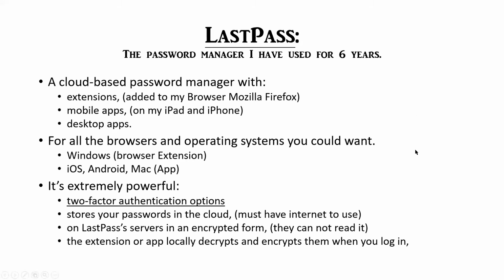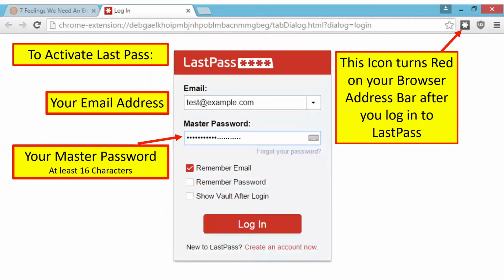And it still allows me to do two-factor authentication, etc. If you go to use LastPass and you want to turn it on, notice up here in the upper right hand corner the LastPass symbol, and it's grayed out, which means that I have to turn it on.